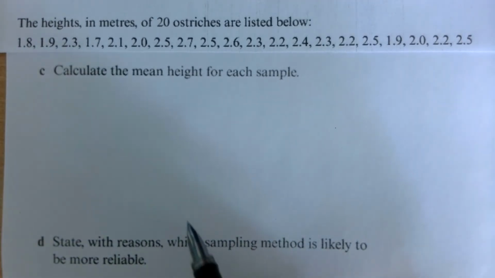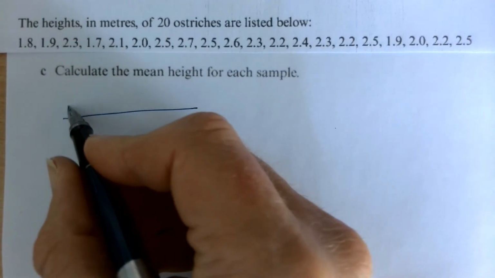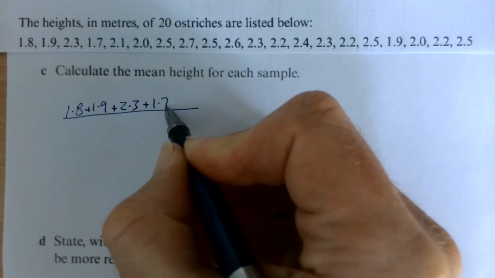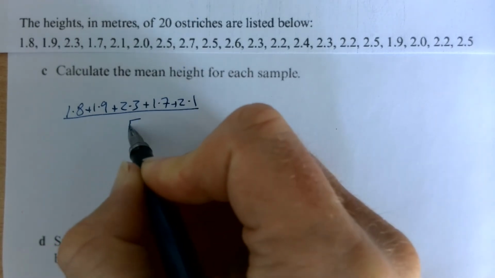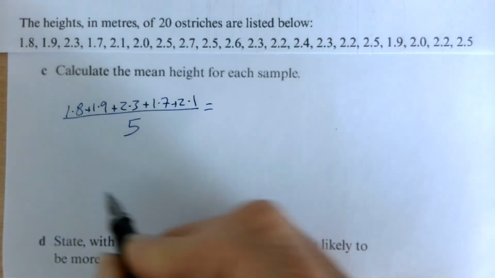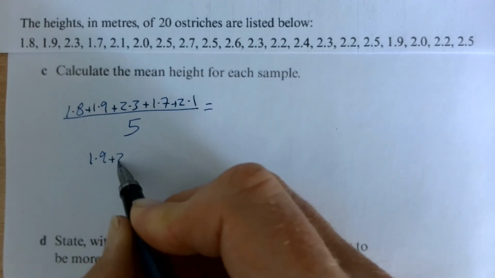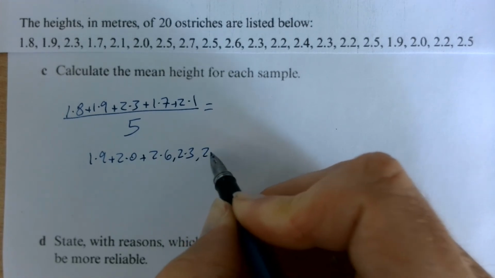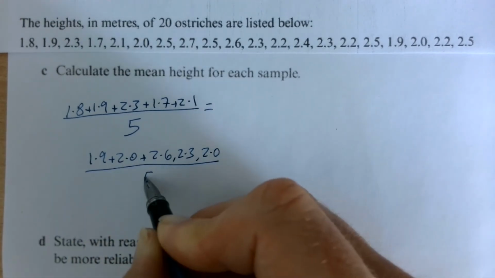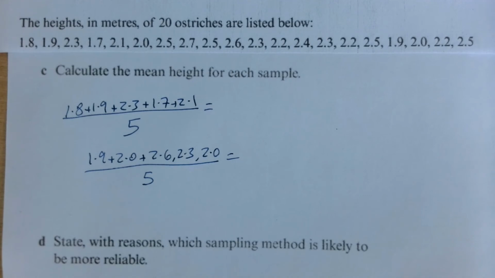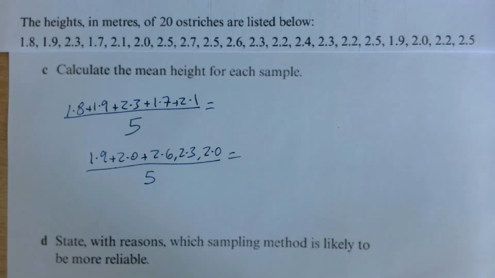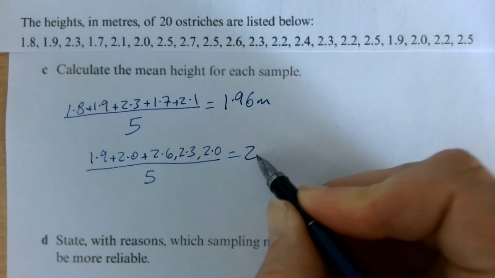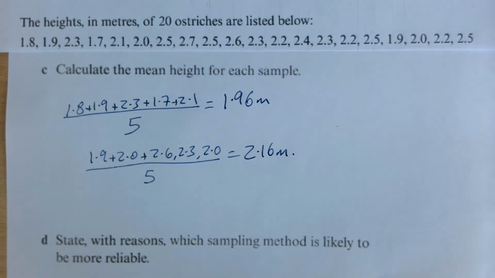Right, so for each sample, the first sample was 1.8, 1.9, 2.3, 1.7 and 2.1, so you'd need to divide that by 5, and then the second sample was the 1.9, 2.0, 2.6, 2.3, 2.0, divide those by 5. So that should have given you 1.96 meters for the first one and 2.16 for the second.